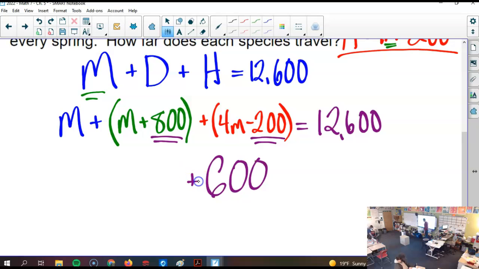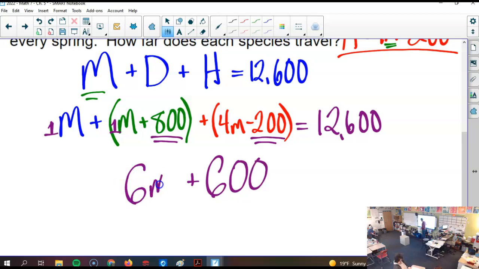Thank you. So that'd be 600, right? 800 and a negative 200. Any questions on me combining those constants? John, I did not skip your card. What else do I need to combine? The M's. We get 6 because there's really one M here, one M there, 4 M's there.